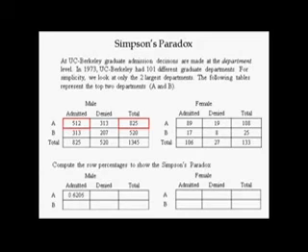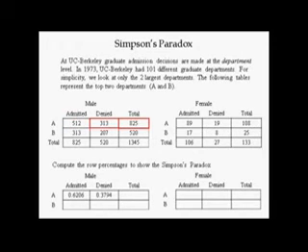The relative frequency of males admitted, given they applied to Department A's graduate program, is computed by dividing the frequency of males admitted to Department A's graduate program, 512, by the frequency of males that applied to Department A's graduate program, 825. The relative frequency of males admitted, given they applied to Department A's graduate program, is 0.6206.